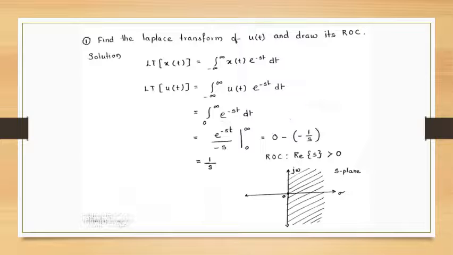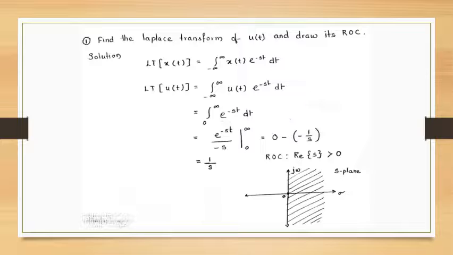We know that the unit step signal has a value equal to 1 from 0 to infinity. So the equation is modified as integral from 0 to infinity, u of t is equal to 1, e raised to minus st dt.